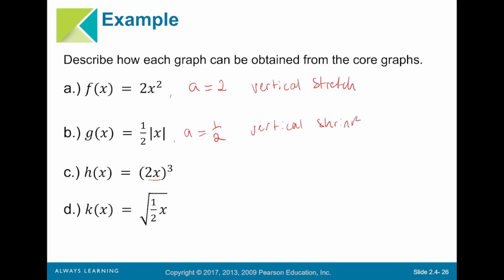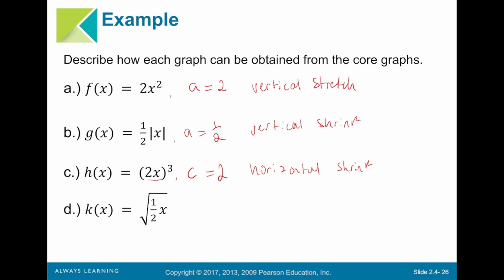For this next one, my 2 is in the parentheses with an x. All of it is being cubed, so this is a C value equal to 2. And because it's a C value, it's a horizontal, and it's actually a shrink, because my C value is greater than 1.